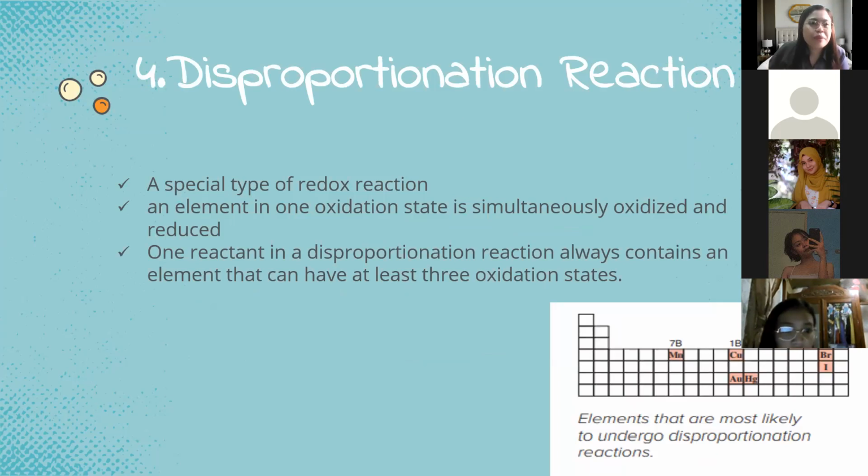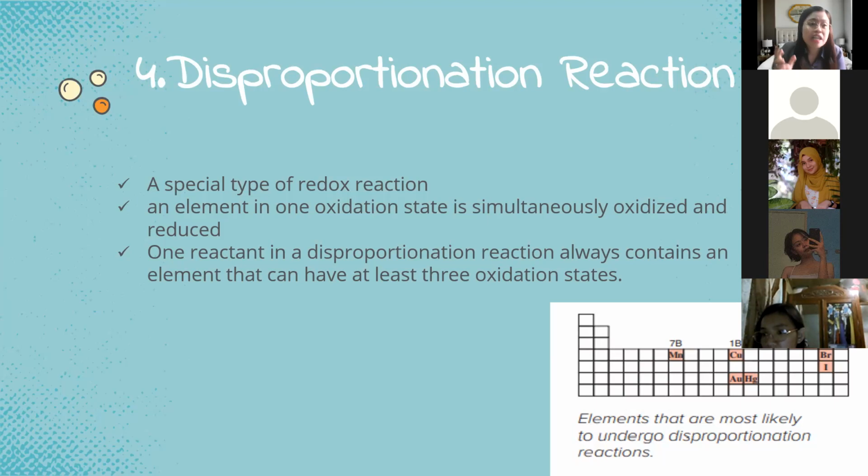Sige. This one will be the last type of reaction under the redox reactions. So we have here the disproportionation reaction. Again, disproportionation reaction. So this one again is a special type of redox reaction, and this one is not really under any type of reaction that we discussed in the laboratory.